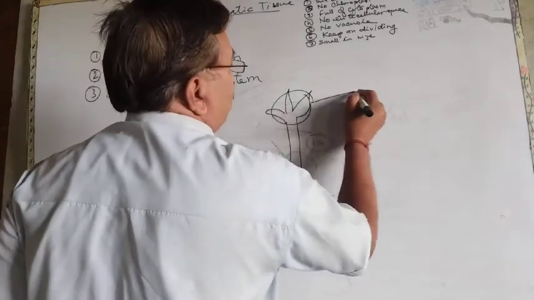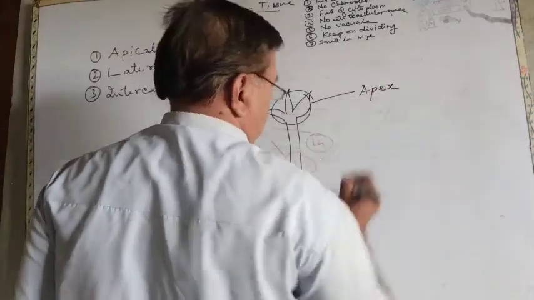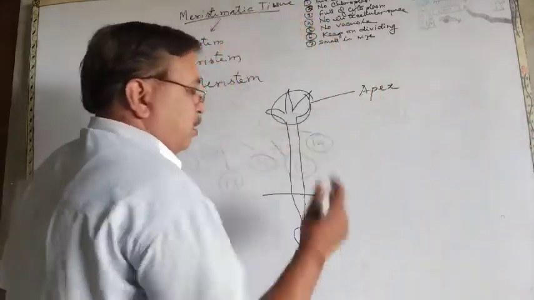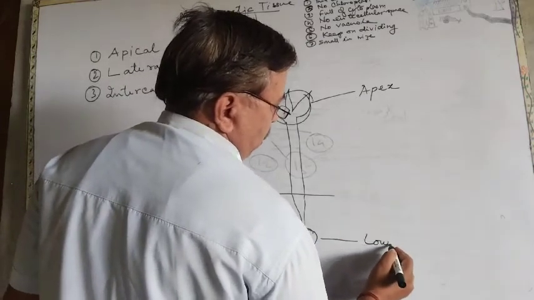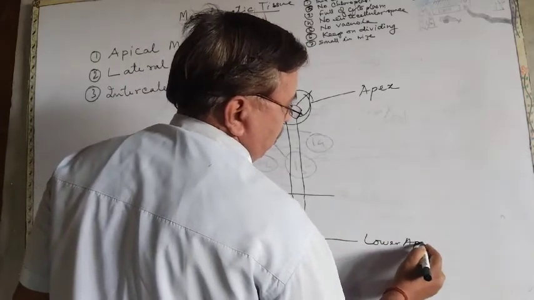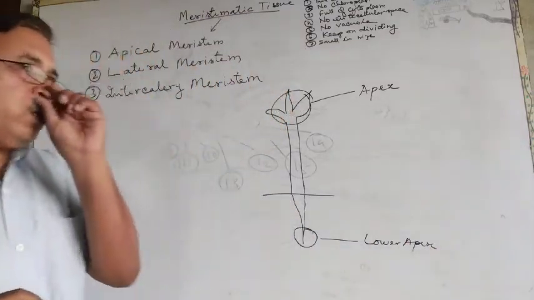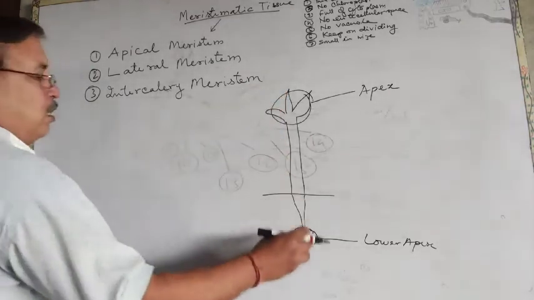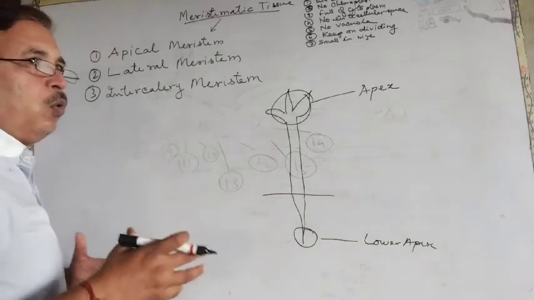This portion of the plant is known as apex, and this is the upper apex towards the sun, and this is the lower apex. It's the lowest part of the plant. And you see what we have noticed, these are the two regions in the plant body where plant growth is seen.